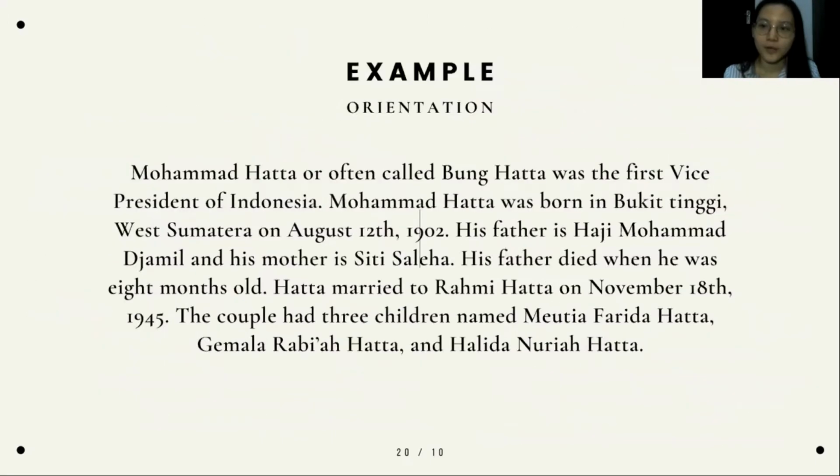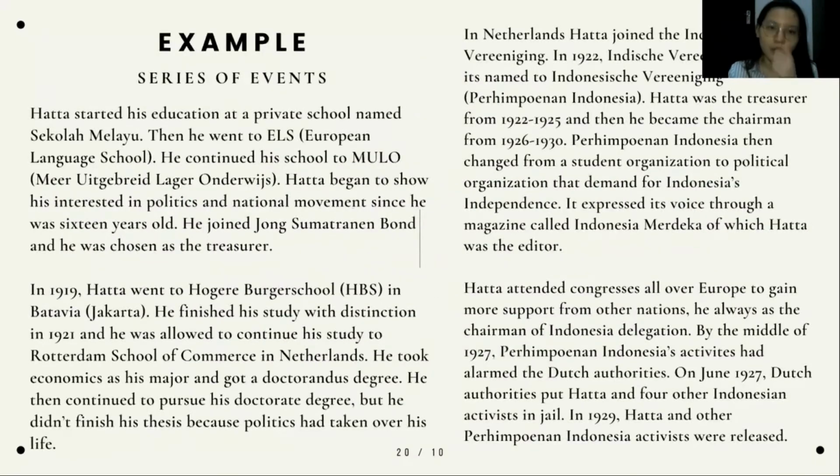So in the orientation, we introduce the person, who he or she is, and some personal information about him or her. And then in the series of events, we basically write down this person's life journey. So what he does in this year, and then what he does after that, and what are his achievements, what are his career paths, and much more.